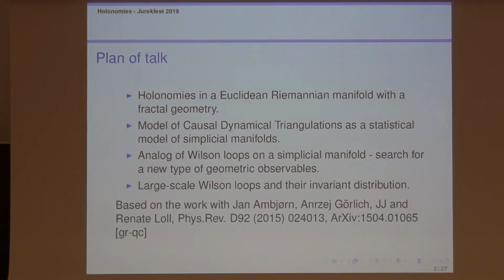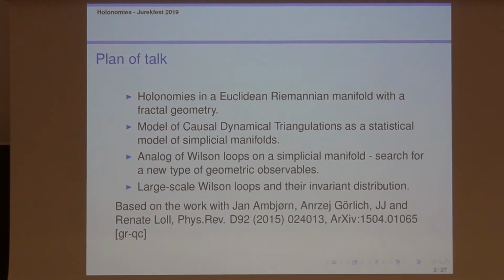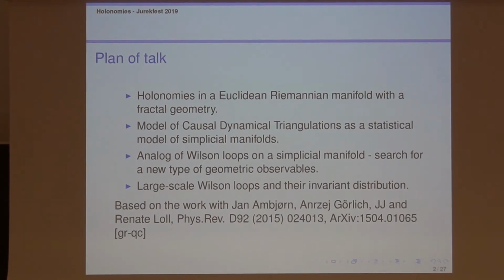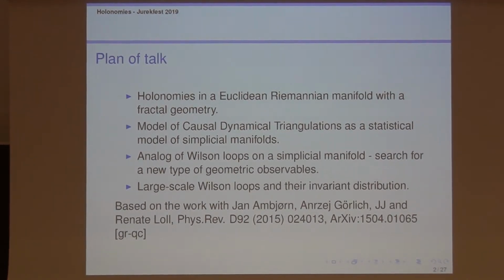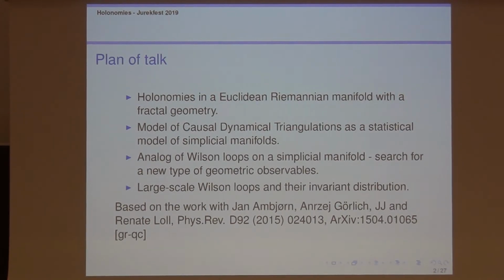Well, I will try not to mention much about the causal dynamical triangulation model. I will only make some comments which are related to a particular question which I would like to discuss today. And in fact, what I will try to discuss would be something which would be an analog of the object which is used in QCD, which is Wilson loops, big objects, macroscopic objects.